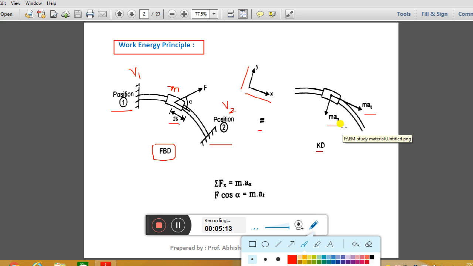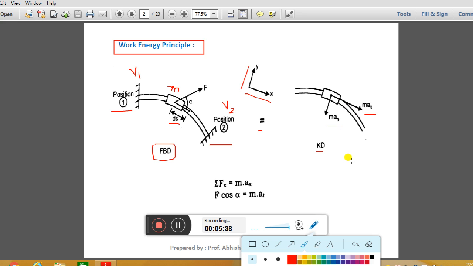The normal component of acceleration always acts towards the center of curvature, and the tangential component is tangent to the curved path.